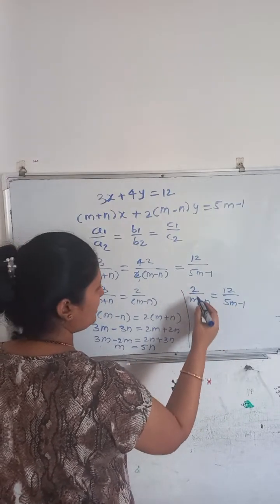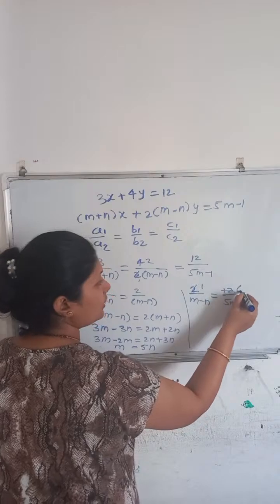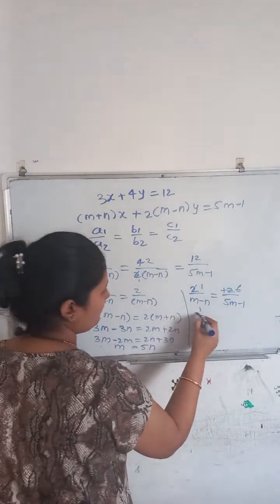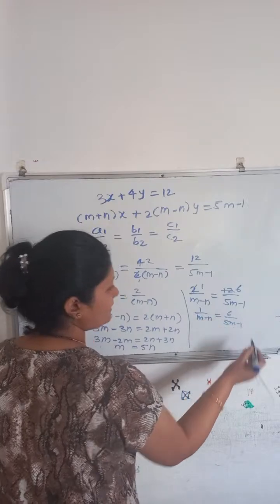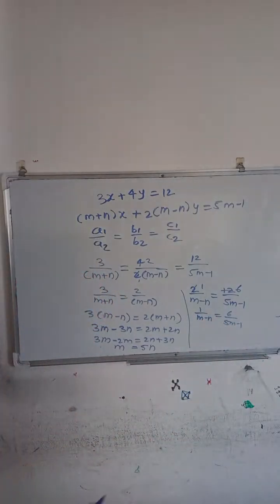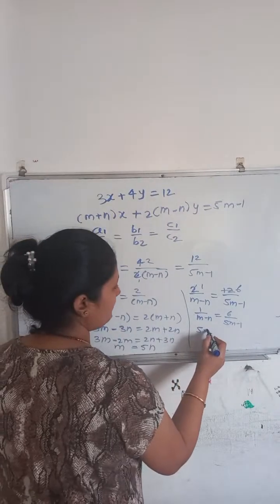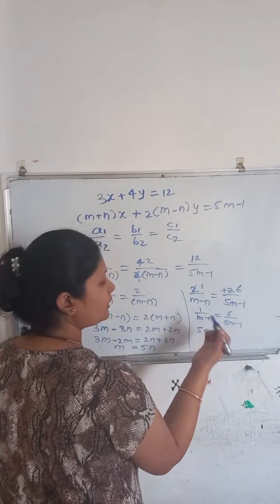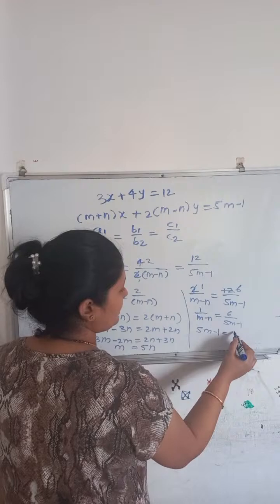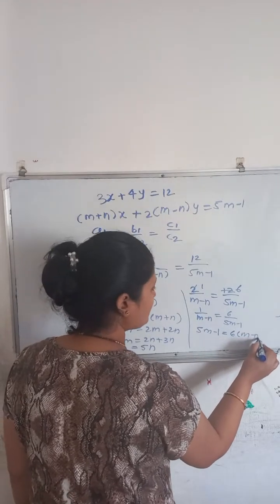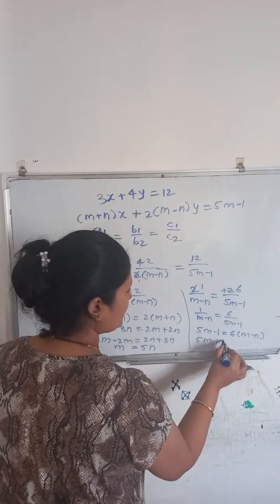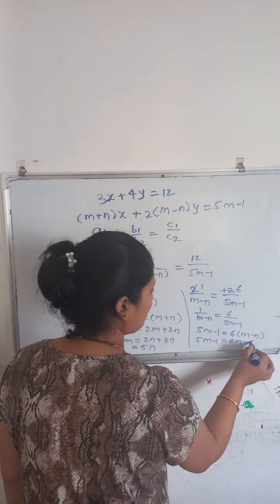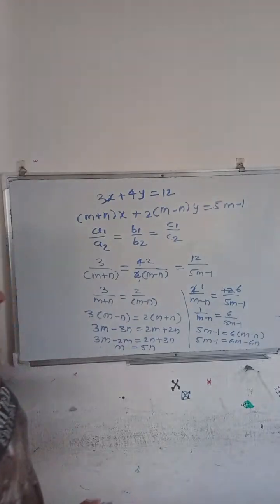Now take cross multiplication, or 2 ones are 2, 2 sixes are 12. So here 1 upon m minus n, 6 upon 5m minus 1. Getting this? Now take cross multiplication: 5m minus 1 into 1 will remain the same, then 6 into (m minus n). So here 5m minus 1 equals 6m minus 6n. Getting this?